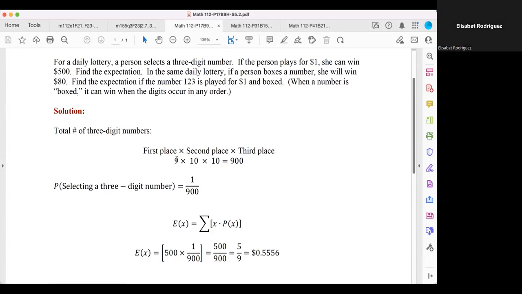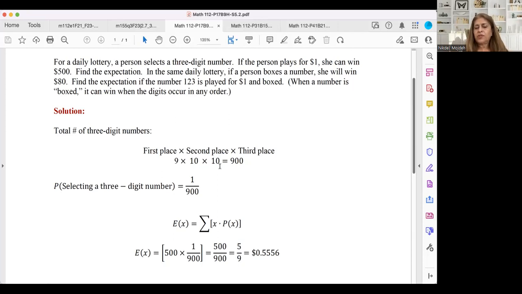So you have 1, 2, 3, 4, 5, 6, 7, 8, 9, which is 9 choices for the hundreds place. Then for the tens place, you can have 0 through 9, which is 10 numbers. For the ones place, you can have 0 through 9, so 10 digits.